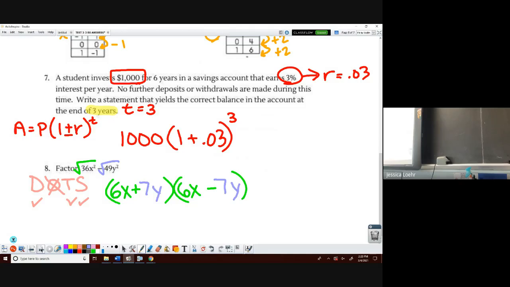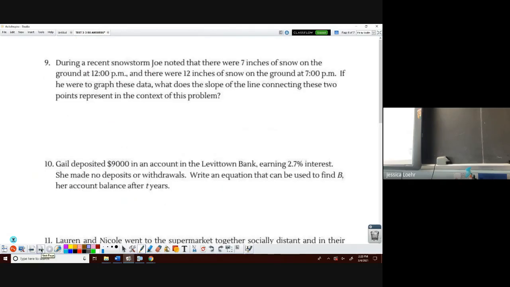Okay. Number 9. During a recent snowstorm, Joe noted that there were 7 inches of snow on the ground at 12 o'clock p.m. and 12 inches of snow on the ground at 7 o'clock p.m. If he were to graph these data, what does the slope of the line connecting these 2 points represent in the context of the problem? So remember, we're talking about slope, which is y2 minus y1 over x2 minus x1, also known as change in y over change in x.